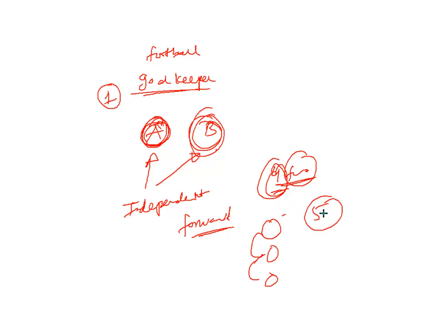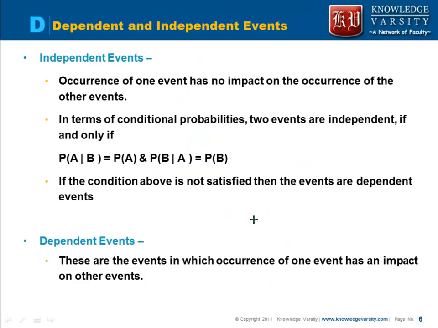It does not matter that if A gets selected, it does not mean that B will not get selected or B will get selected. In reality it may be the case, but ideally we can say that these are pretty much independent events. Dependent events are those wherein there is a relationship between A and B. Independent events mean there is no relationship between A and B.